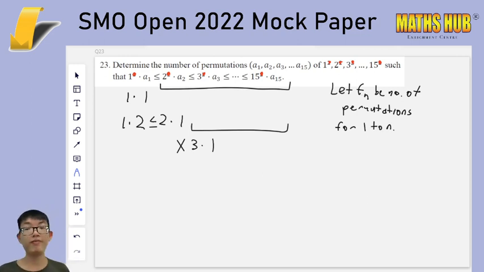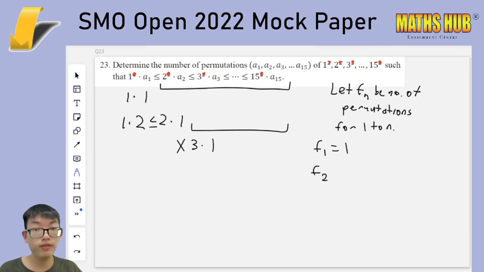I think you know what I mean. Then it becomes just your Fibonacci sequence. If there's 1 term, it is 1. If there's 2 terms, you have 2 choices. And after that, it just would be fn plus 1. So fn plus 2 equals fn plus 1 plus fn.